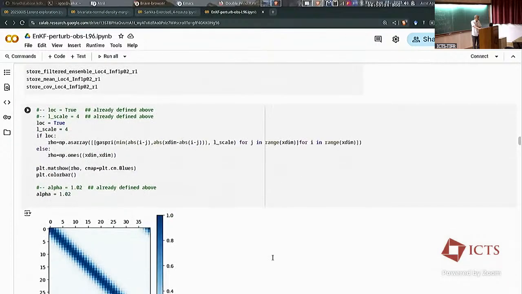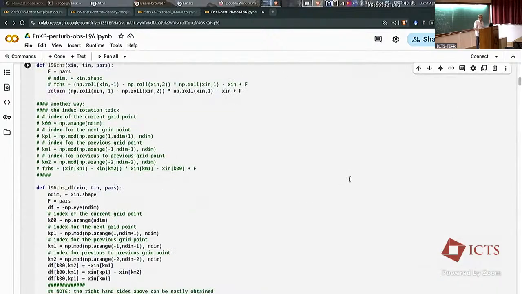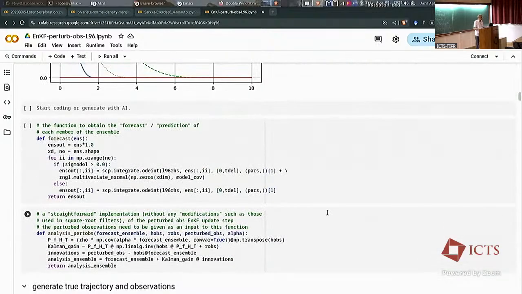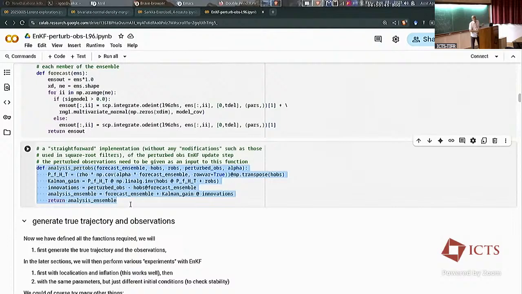Okay. Wait, where is my filter implementation? Where did that cell go? Ah, sorry, it's here. Right now this is not a computationally efficient implementation. It's just, let's say, a word-to-word translation of the mathematical equations.